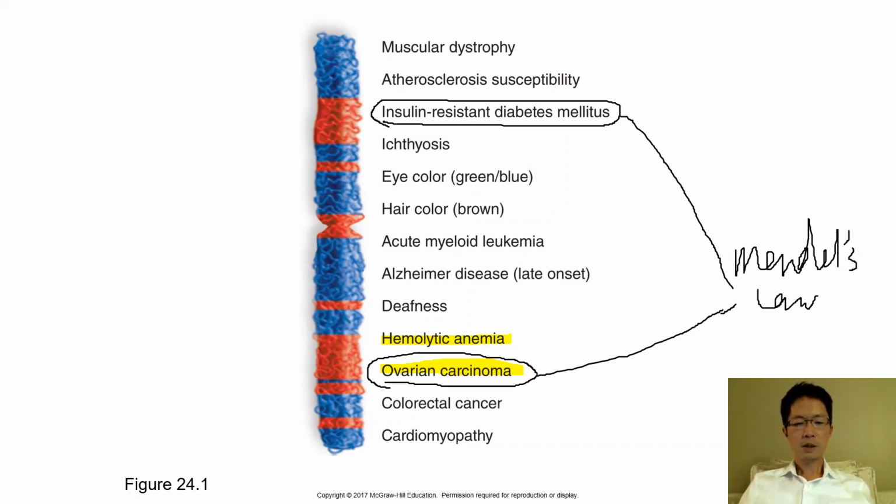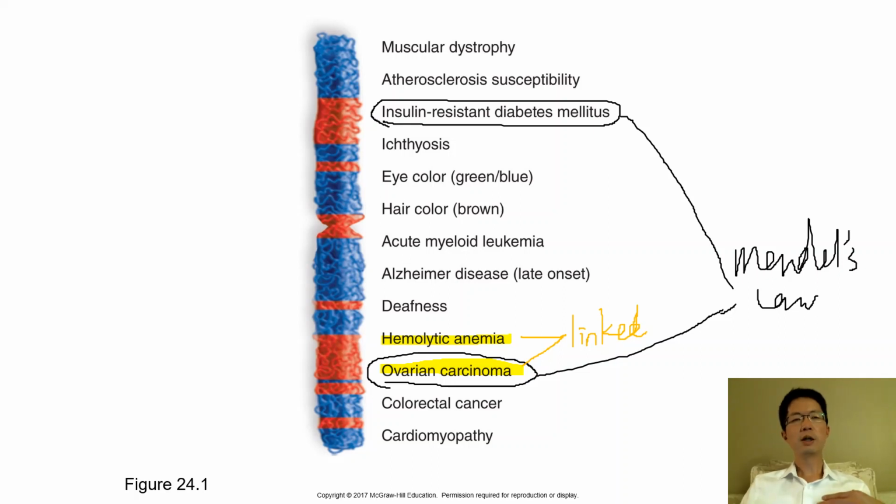But if the two genes are located very close to each other, what will happen? Then they are called linked genes, and they do not follow Mendel's law of independent assortment because they usually go with each other.